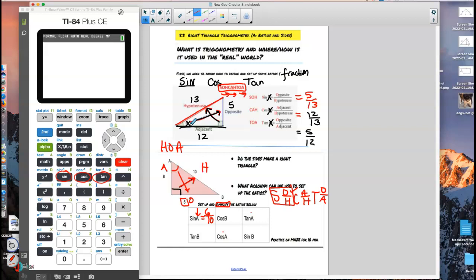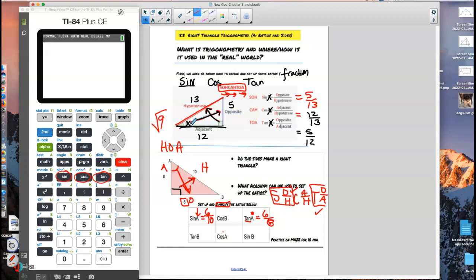Let's go do the tangent ratio, TOA. I need to again do the side opposite the angle that it's stating, angle A. This is a command, kind of like take the square root of 9. This is just new, but when you see that tan, it means go ahead and grab the side opposite the angle they're telling you, which in this case is 6, over the side adjacent, which in this case is 8.